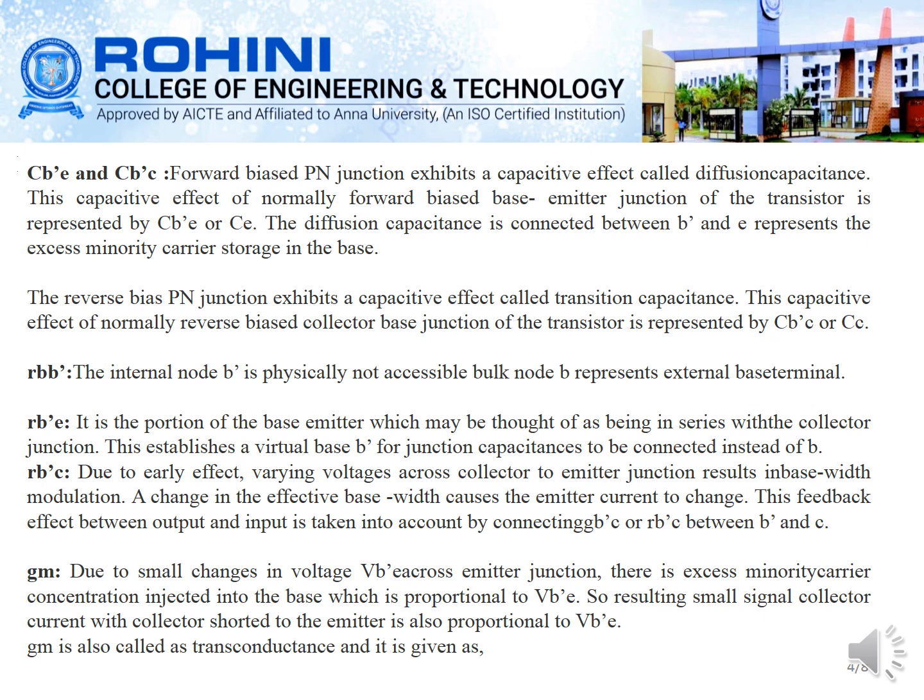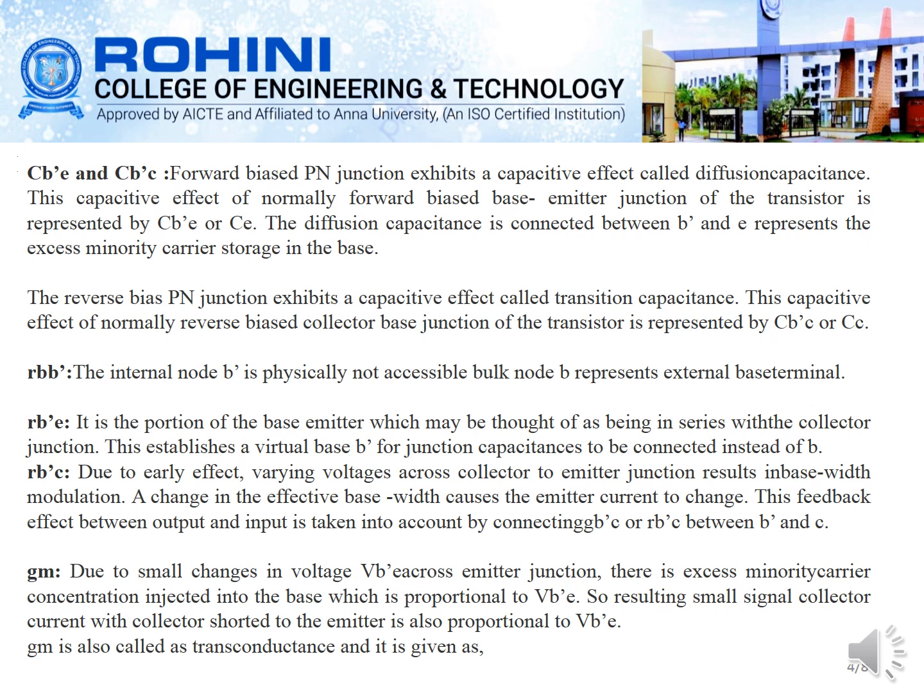RB'C is due to the early effect: the voltage varying across the collector to emitter junction causes the depletion region to change, that is base width modulation. This change in the effective base width causes the emitter current to change, so the feedback effect between the output and the input is taken into account. That is why we replace B with B'.